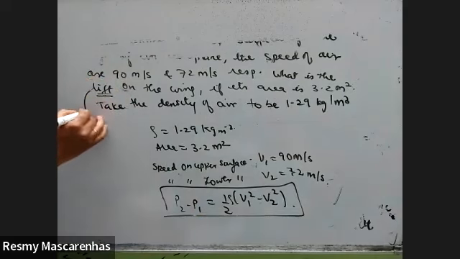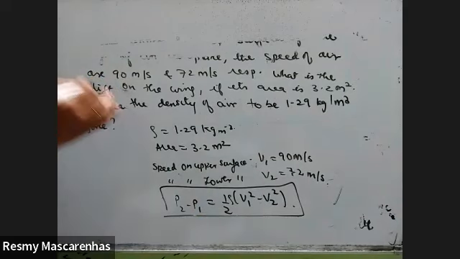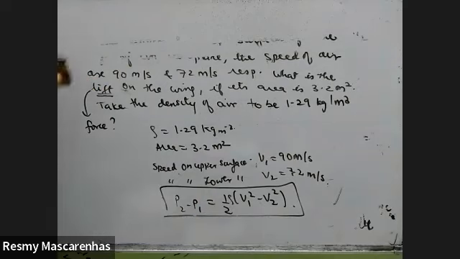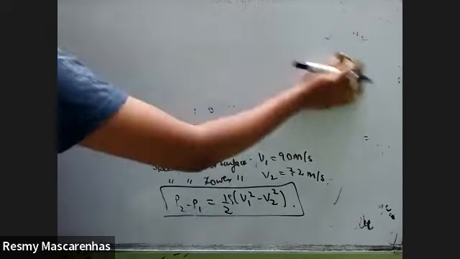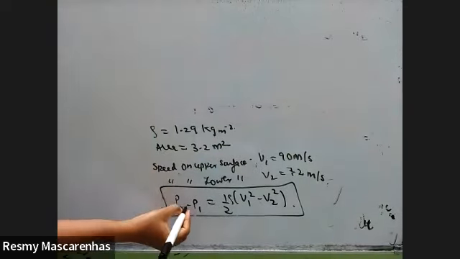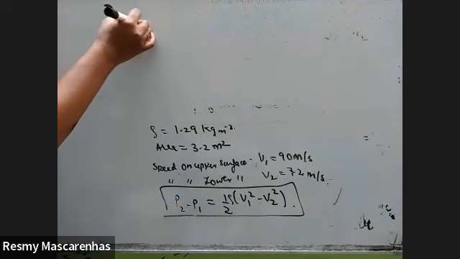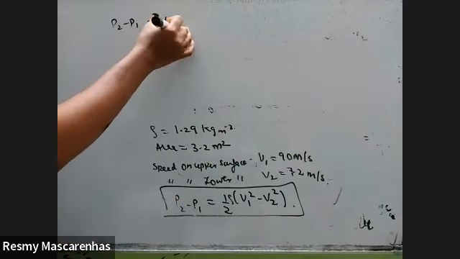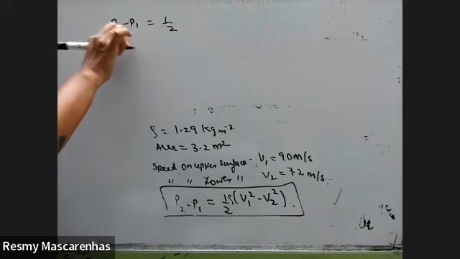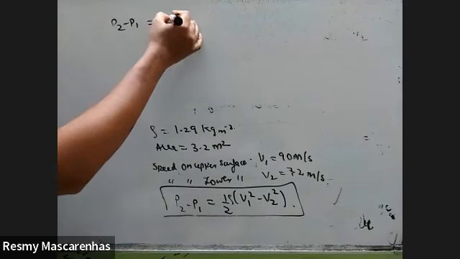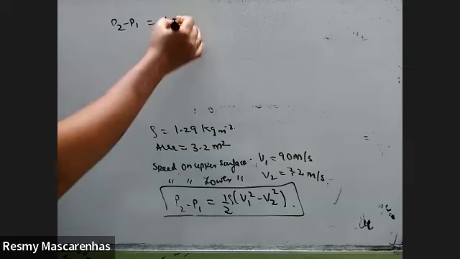What is the lift? Lift means force. How much is the force on the wing? You have to calculate force finally. So consider the pressure difference, half rho, P1 minus P2, even if you write it, no problem. Rho is given as 1.29.